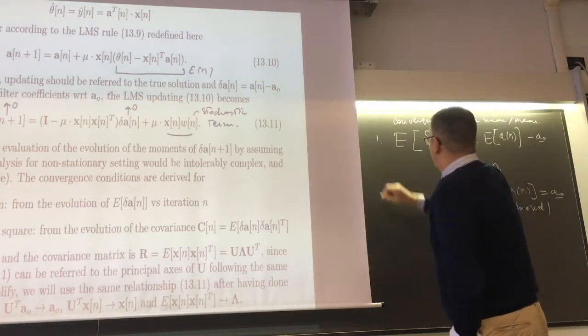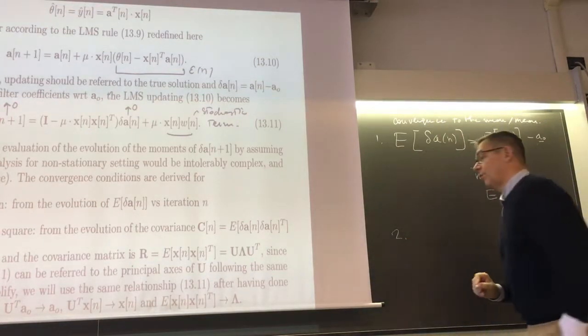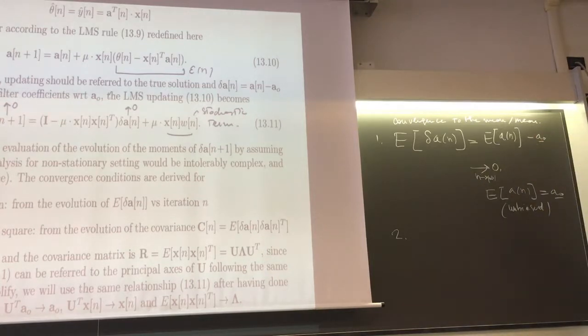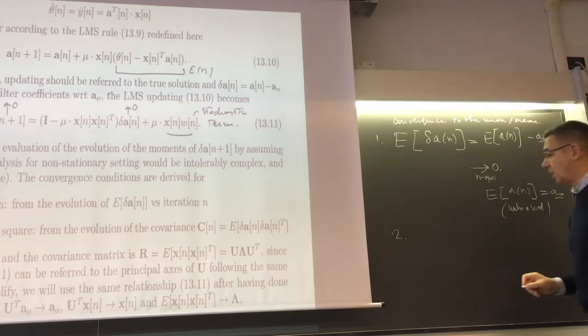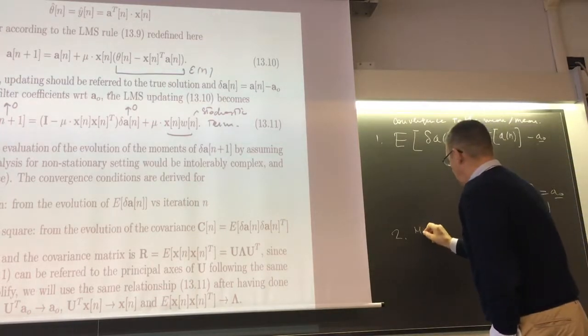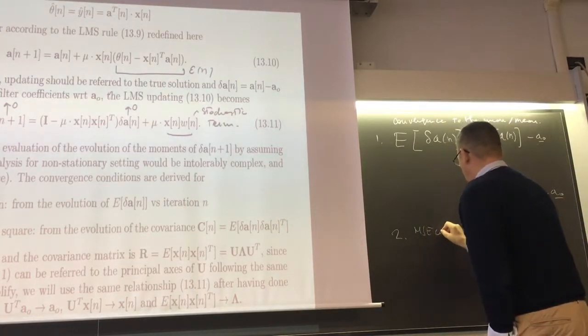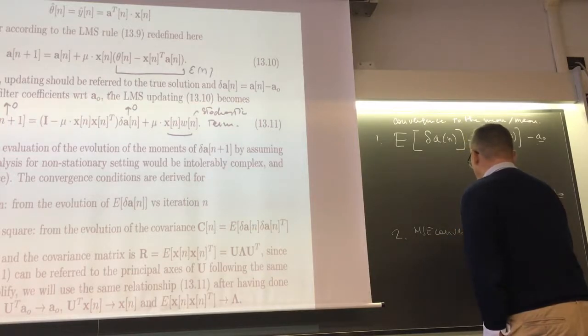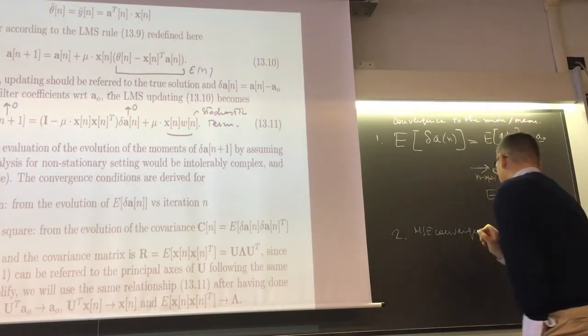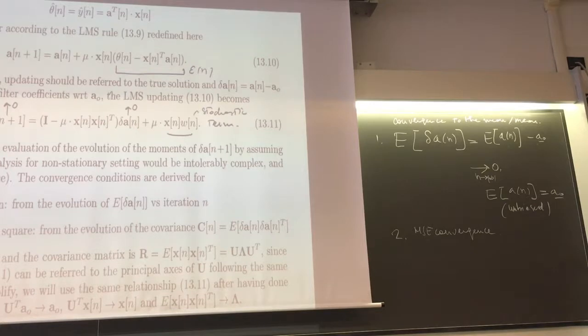Now, we have another kind of convergence. The second is the convergence in the mean square.